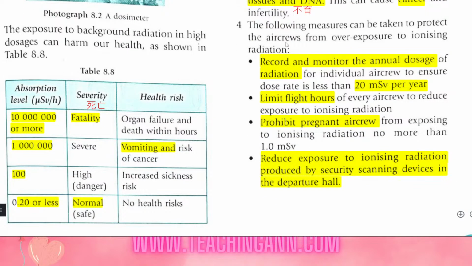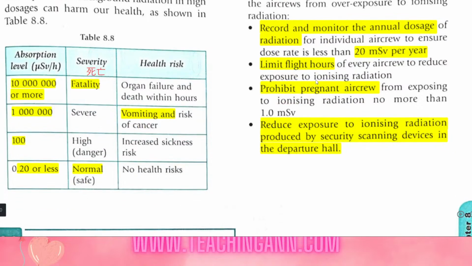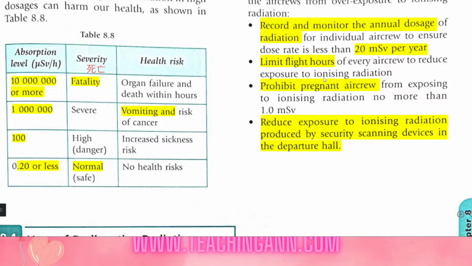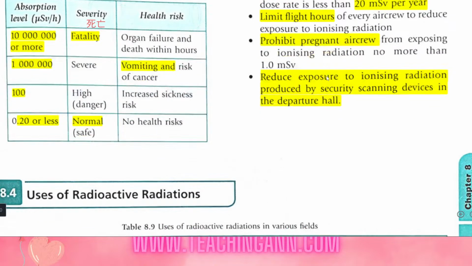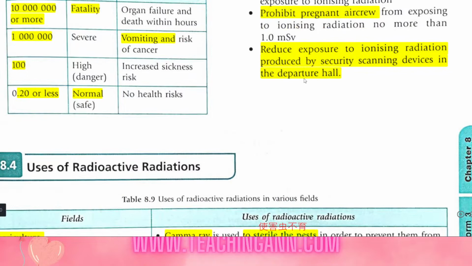So that's why air crew must always record and monitor their dosage of exposure, and limit their flight hours. Meaning you fly, but then you have to rest. If you are pregnant, sorry, you can only fly half, because we don't want the exposure to be higher than 1 millisievert. Then reduce exposure to ionizing radiation produced by security scanning.